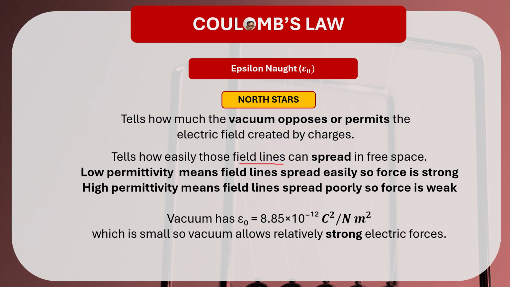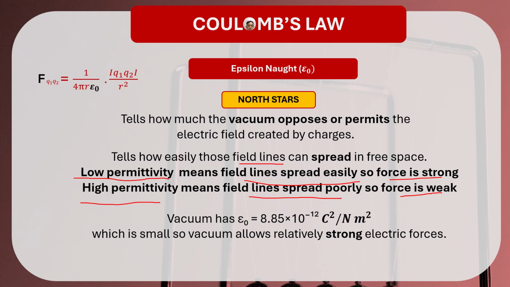Low permittivity means that the fields will spread easily and the force is strong. Meanwhile, high permittivity means the field spreads poorly because the force is weak. It is supported by this formula. If you can see, it's inversely proportional.